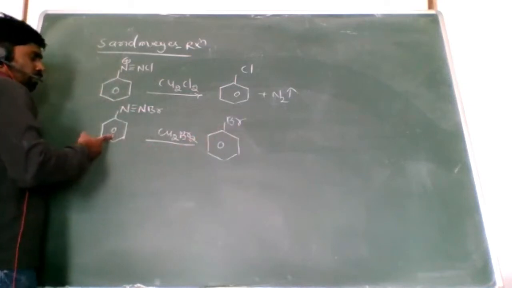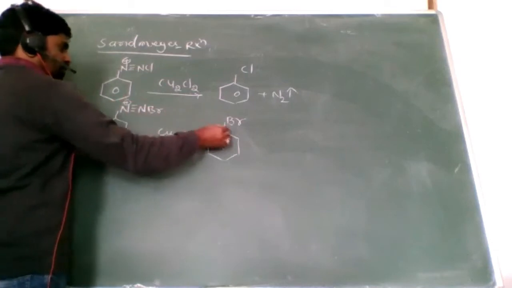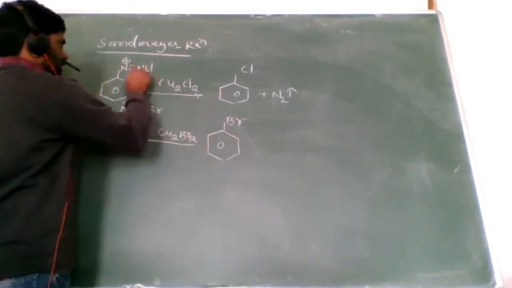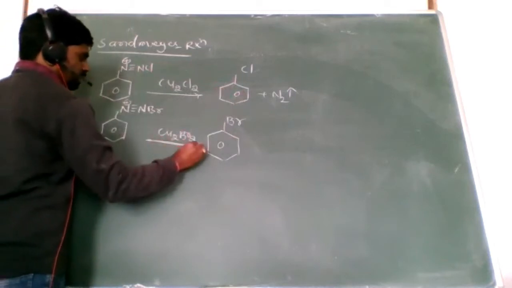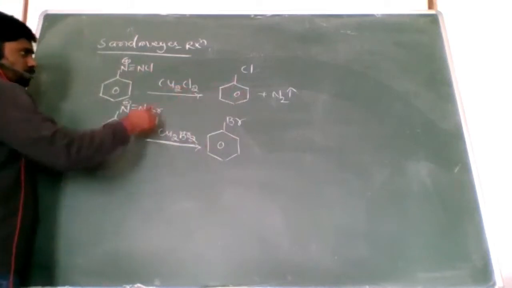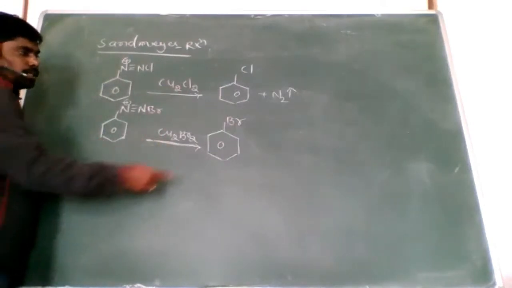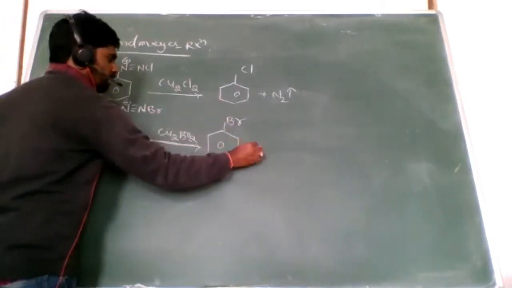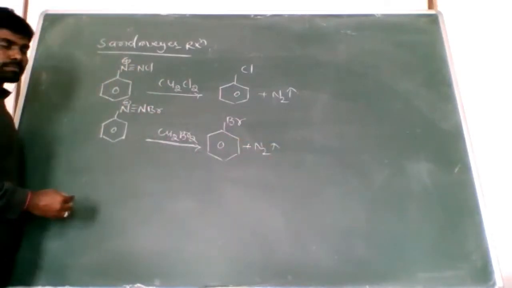If we have taken the diazonium bromide, we get bromobenzene. If it is the diazonium chloride, we get chlorobenzene. In the presence of cuprous halide, that is cuprous chloride or cuprous bromide. This is the Sandmeyer reaction, giving bromobenzene and chlorobenzene.